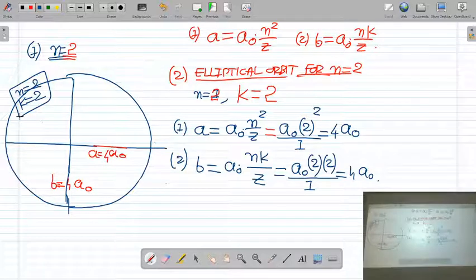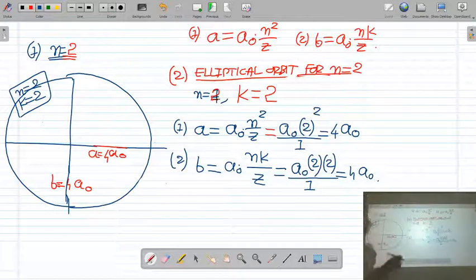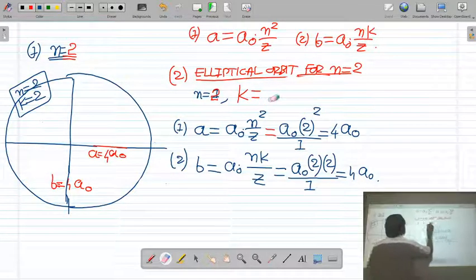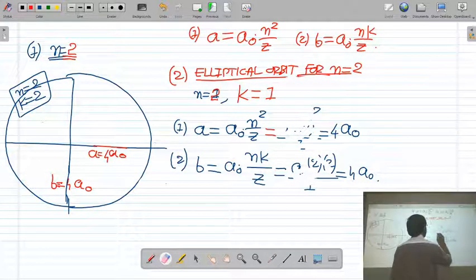Now what happens if you take k equal to 1? For n equal to 2, k has two values, 1 and 2. We have taken k equal to 2, now we will take k equal to 1 and calculate the semi-major axis and semi-minor axis.